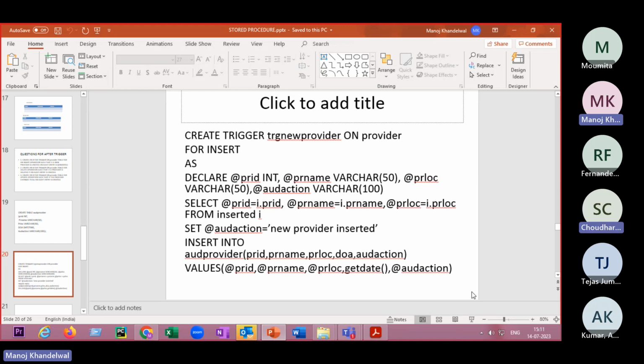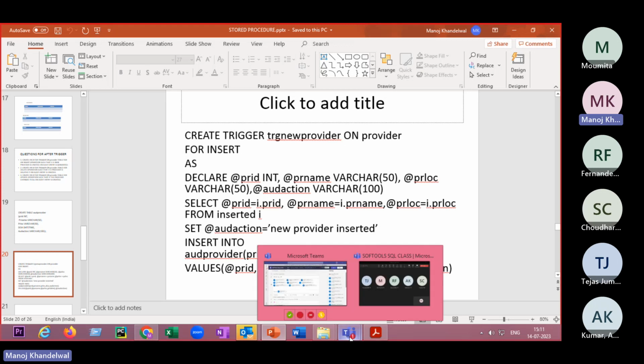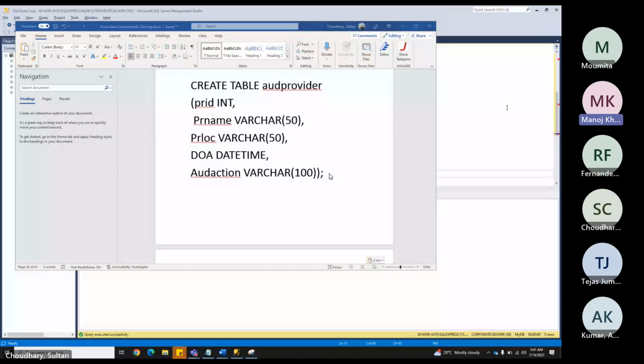So do both activities: create the audit provider table as well as the trigger, and then insert a new provider to check whether that entry actually comes in the audit provider table or not. Yes, sir, sharing the screen now. One sec. So everybody please do this. I'm going to ask everyone.